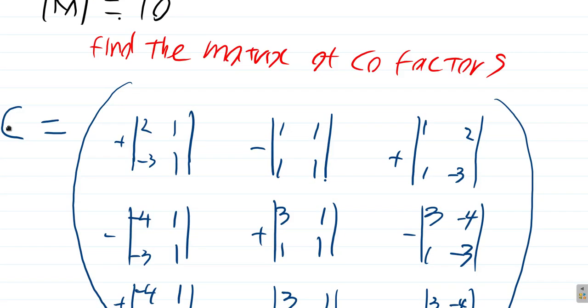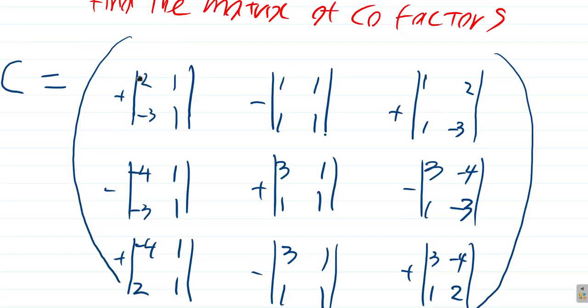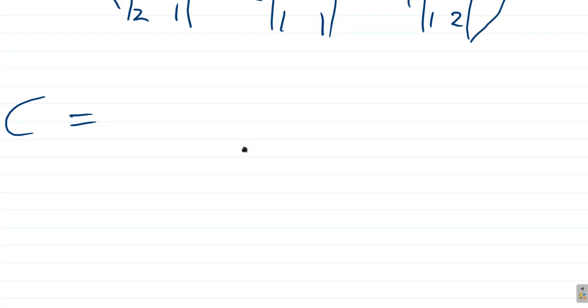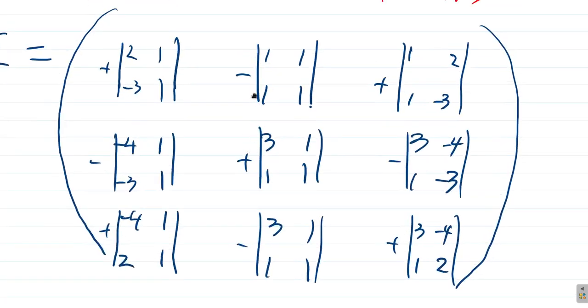So then, the matrix of cofactors equals: we have 2 by 1 minus 1 by negative 3, a positive. So 2 by 1 is 2, minus 1 by negative 3 is negative 3. Alright. So we have that. And it's a positive, so we don't have to worry about it anymore. This one is a negative.